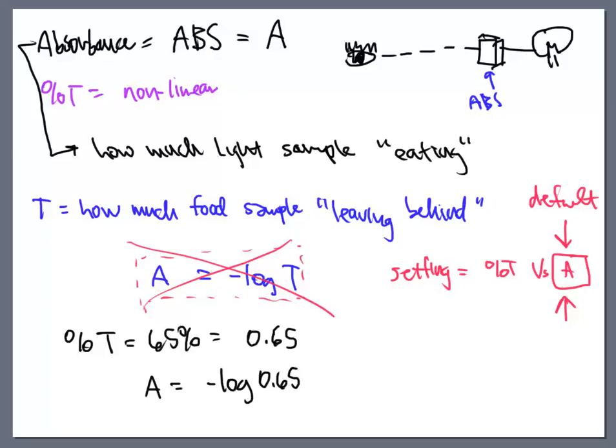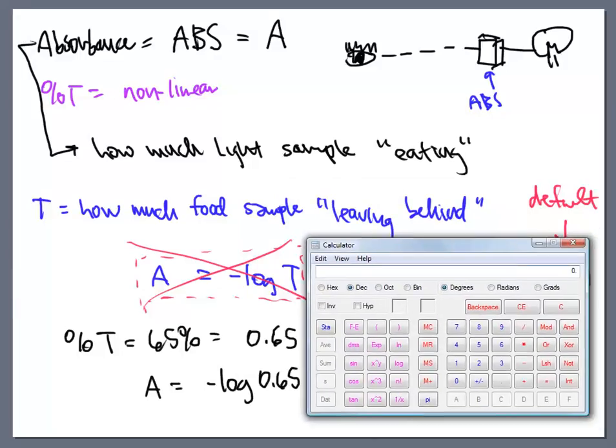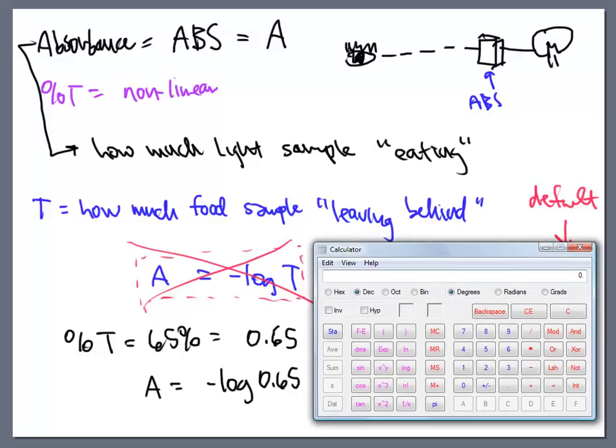And let's see if I've got a calculator. I bet I do. I'll do it right here on the screen for you. You don't even have to bring out your own. So here's the calculator. 0.65, and I need to log that number, and there it is. And then this negative out in front means you take the opposite of. So that basically means that I'm going to look at this number as negative 0.187, and I just take the negative of negative 0.187, and it changes into a positive number.